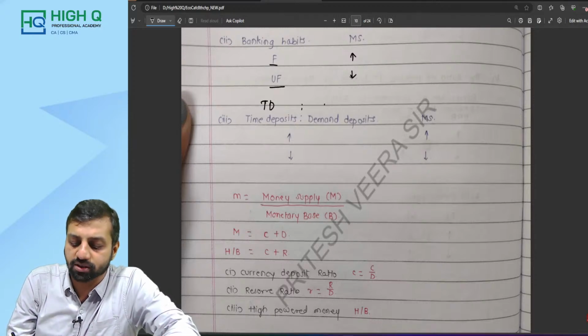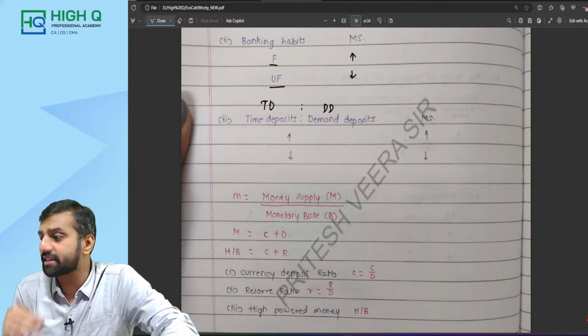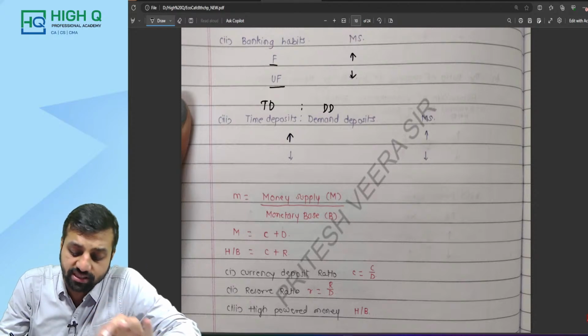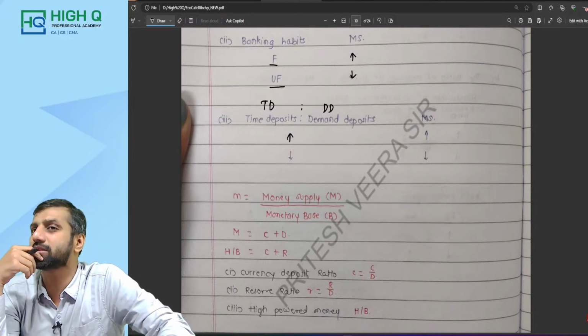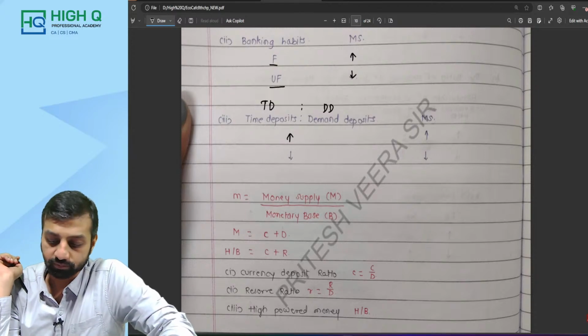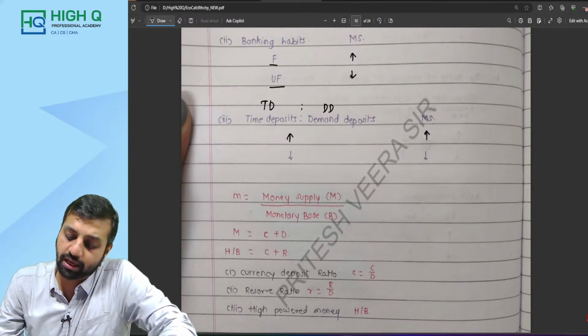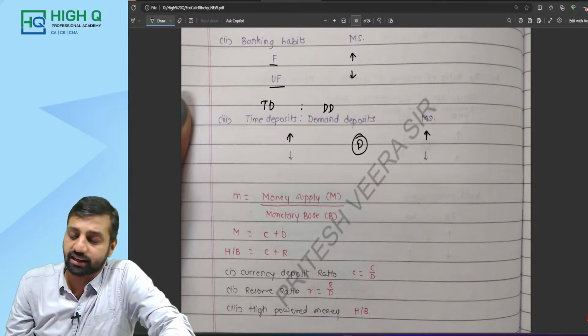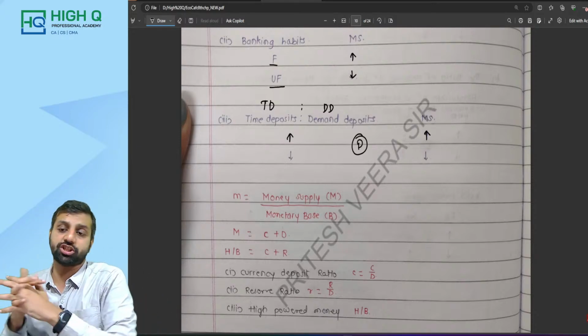TD is time deposit, DD is demand deposit. So if the time deposits are maintained more than demand deposits, the bank will have money for a longer duration of time, and therefore they will be able to create credit and money supply will increase. So again there is a direct relationship.